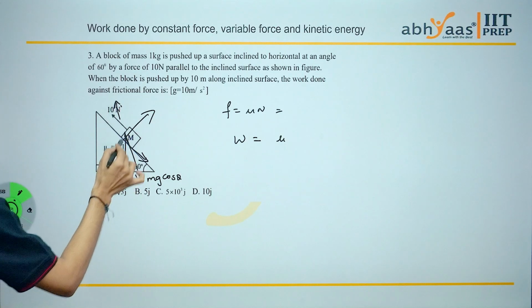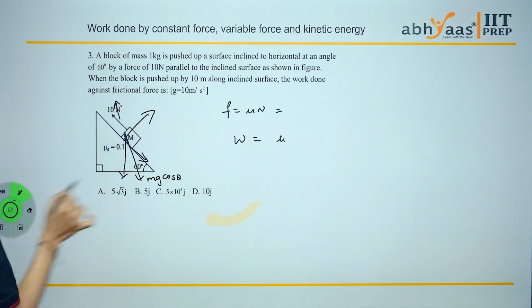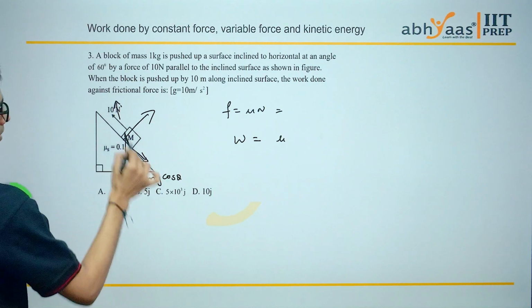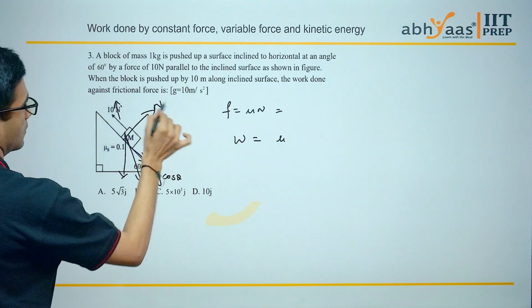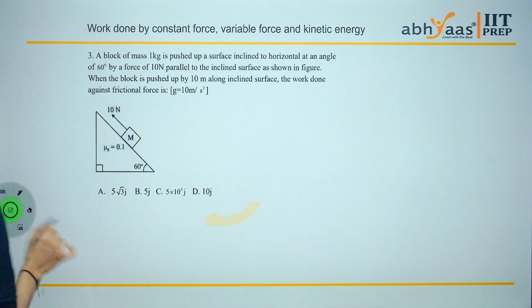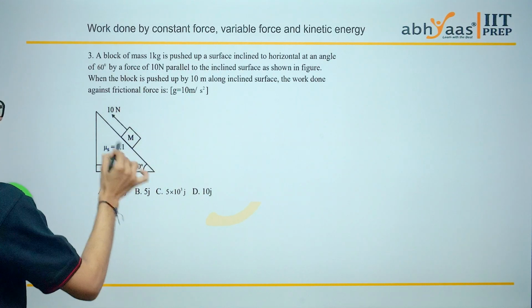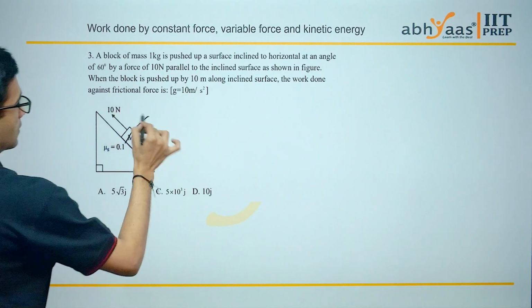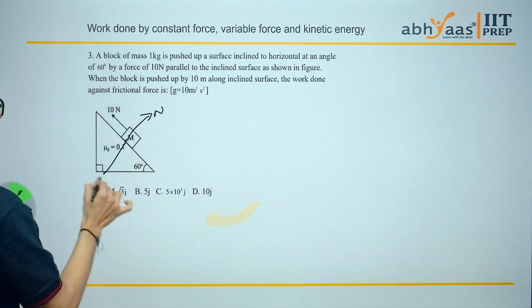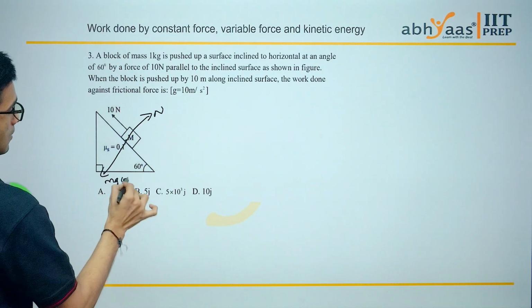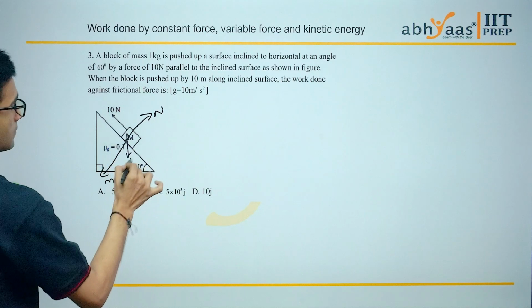Mg sin theta. So it's exactly the figure. Opposite to N, this is mg cos theta. This is a contact surface, N will be like this, and mg is like this.